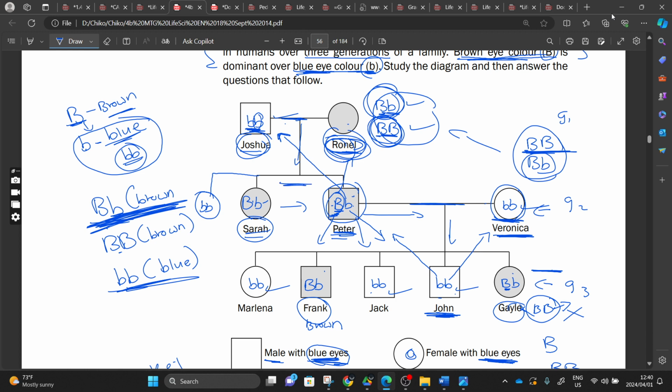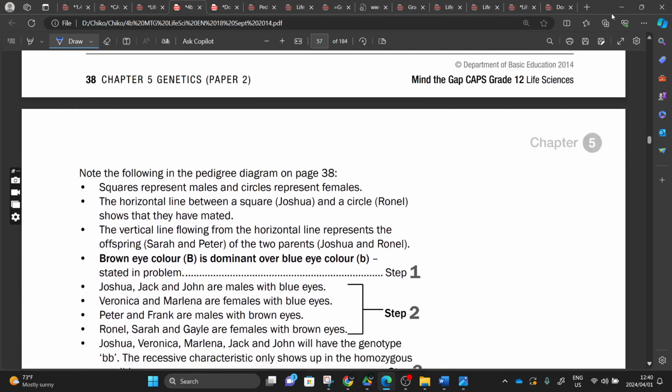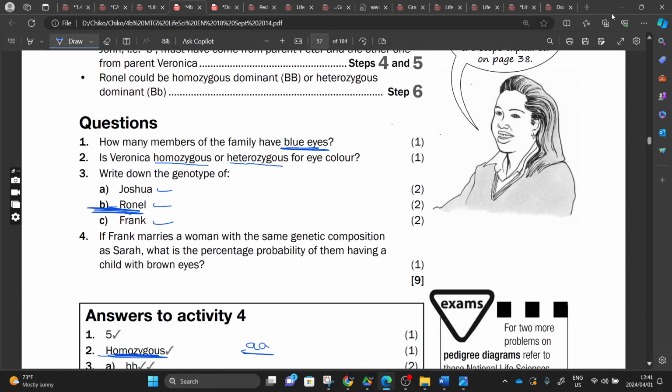But because on their offspring we don't see one being affected with blue eyes, there's a possibility of her to be like this or like this, unless they have more babies, right? So I hope you understand that. You can use whatever example you want, and if you understand that, you are understanding it.